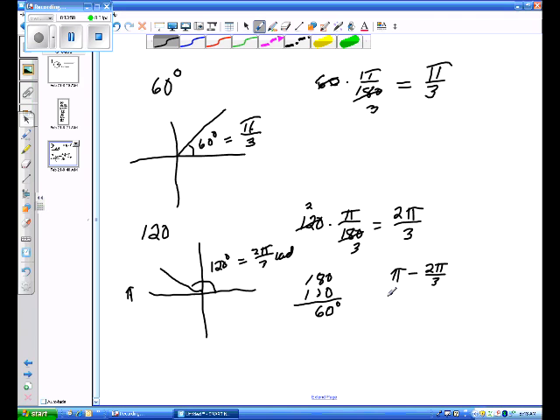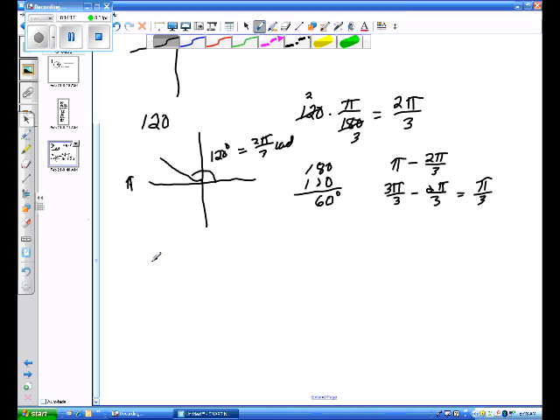Now 1 pi would be 3 pi over 3, minus 2 pi over 3 would end up being pi over 3. And that should make sense that if our reference angle in degrees is 60, then our reference angle in radians would be pi over 3, because we learned right up here that 60 degrees is pi over 3.